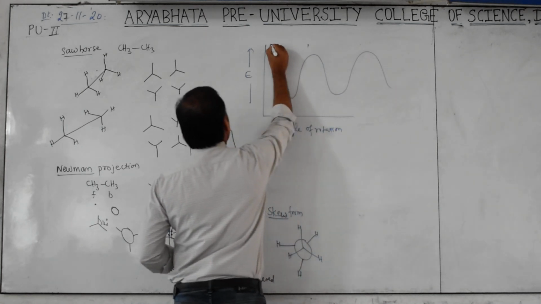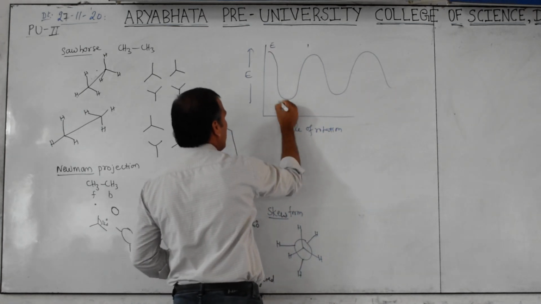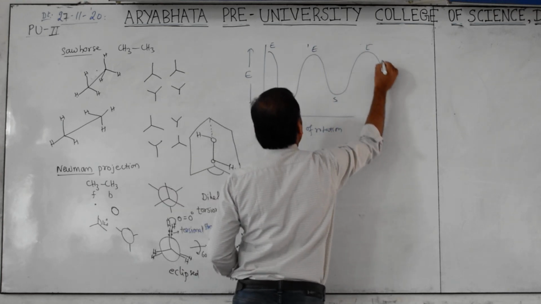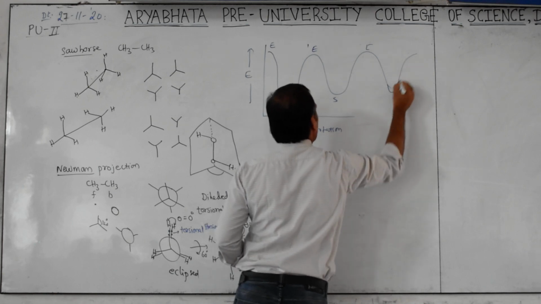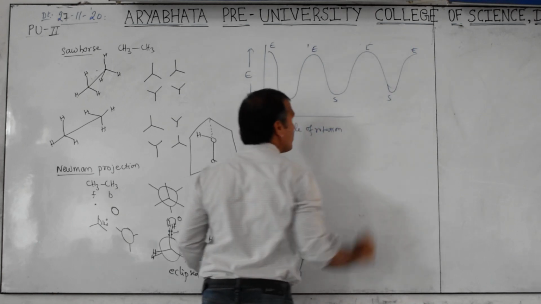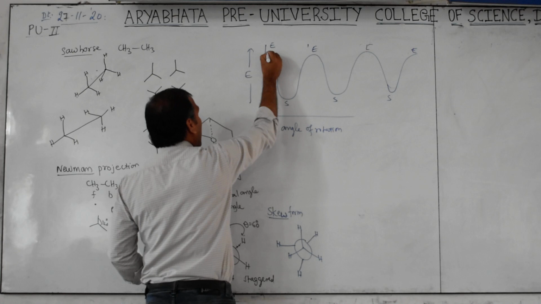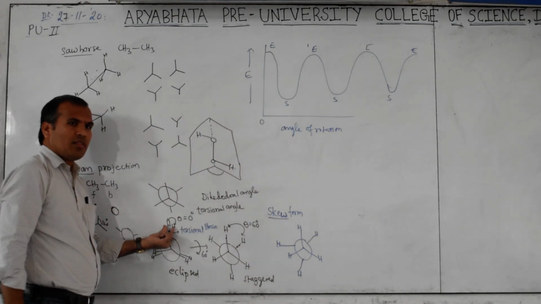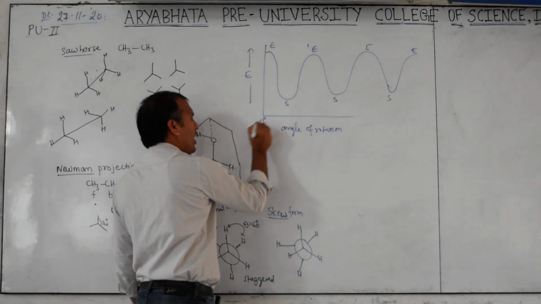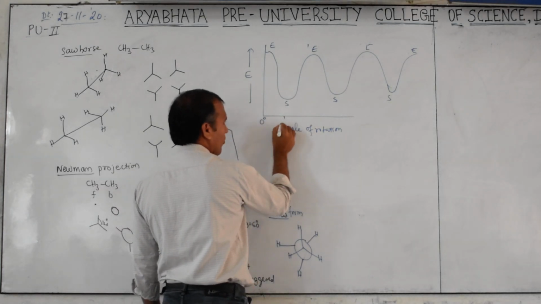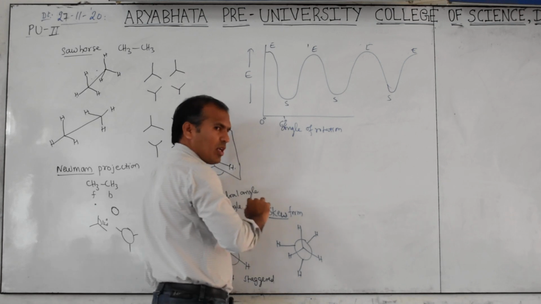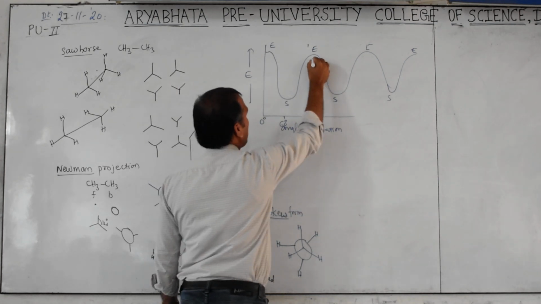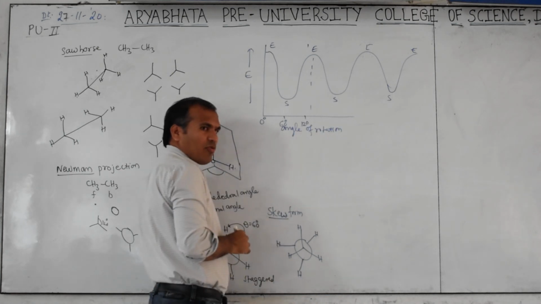So I am starting from here, like this. This E means eclipsed. Eclipsed, staggered, eclipsed, staggered, eclipsed. Here the angle is 0. Rotate 60 degrees, we got staggered. Again rotate 60, then we got the eclipsed form.